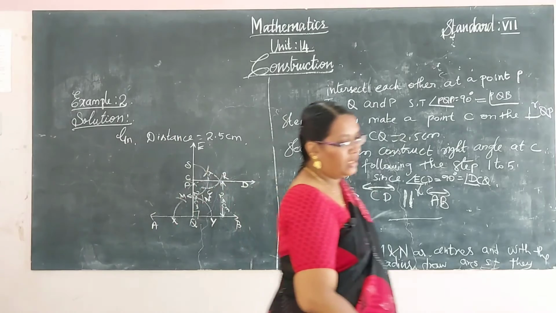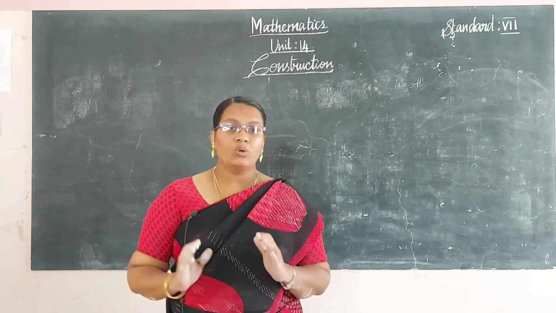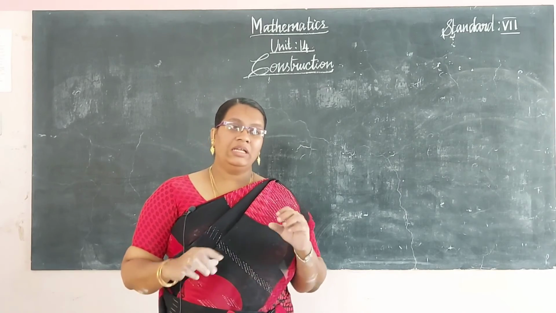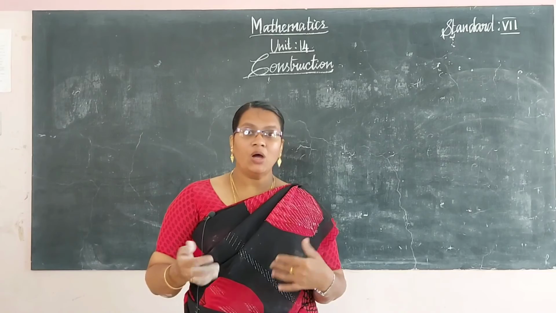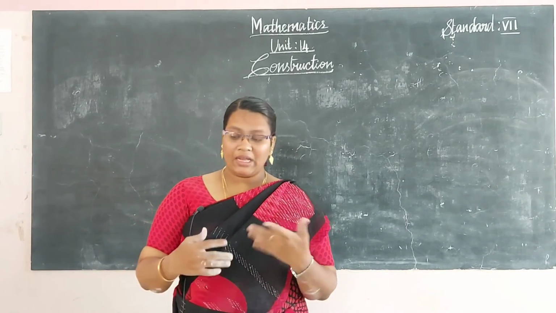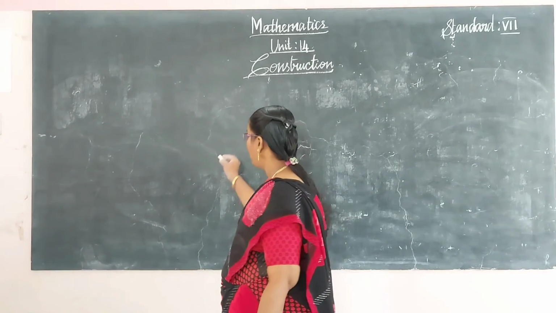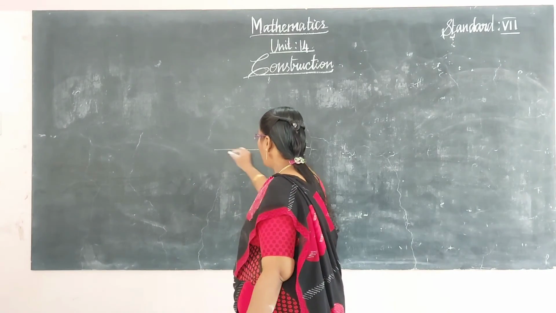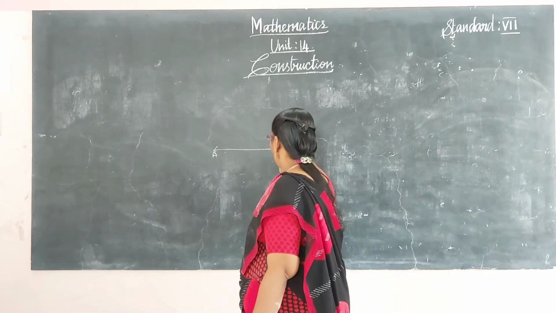Worksheet problems. Today we have learned how to draw a line parallel to the line AB, and how to draw it when the distance is given. Let us recapitulate. In the first method, first we draw the line AB.